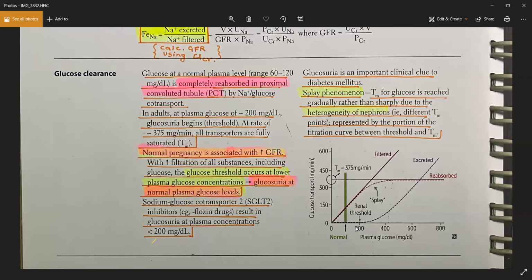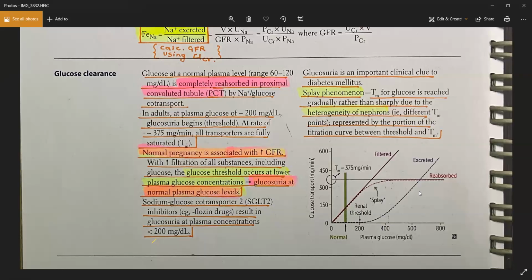And a point is reached where all of the transporters get saturated with the glucose, and that happens at a concentration around 400. At this concentration, all of the transporters in the kidney, the SGLT2s, will get saturated with the glucose. Now they cannot reabsorb much of the glucose, and if I further increase it, all of the glucose will get excreted in the urine, right?